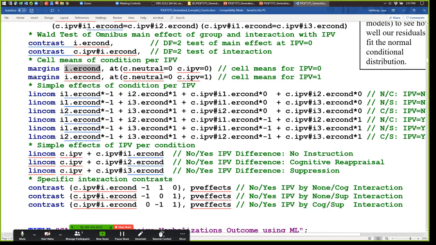I am asking for it conditionally at these levels of the covariates. So this is what's known as an adjusted mean. It's holding neutral constant at 0 and holding IPV constant at 0. So that's how I would get 3 of the means. The second statement then continues to hold neutral constant at 0 and switches IPV to be 1. And that gets me the other 3.